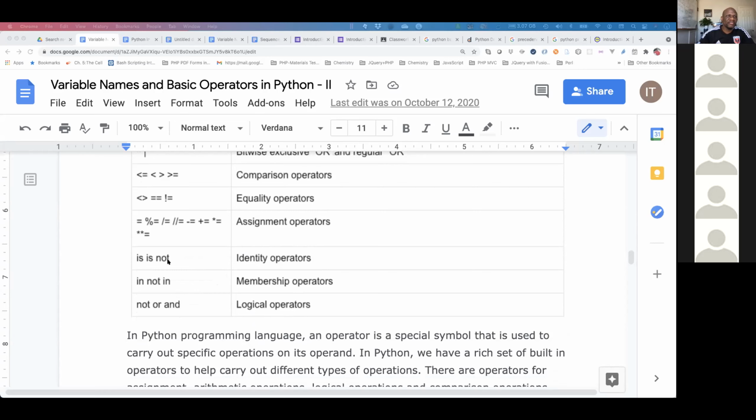Now remember, we have the is and then we have the is not. The is means yes. The is not means no, it's not. So if you remember what Monica showed you, that's going to be in there.